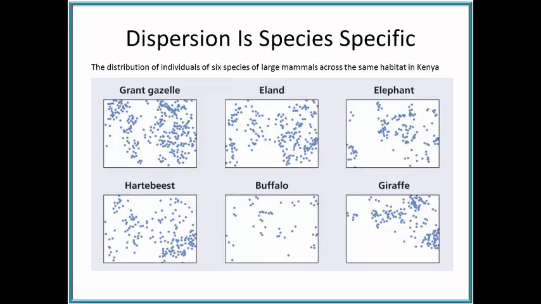Notice, as I just said, dispersion or spatial distribution is in fact species specific, and you can see here the dots are representing individuals in a particular population. As you can see, they are distributed differently, but again, what I would suggest, if you look at the pattern, is that most of them are what I would call clumped. Although I guess the pattern might vary a little bit from one organism to another.